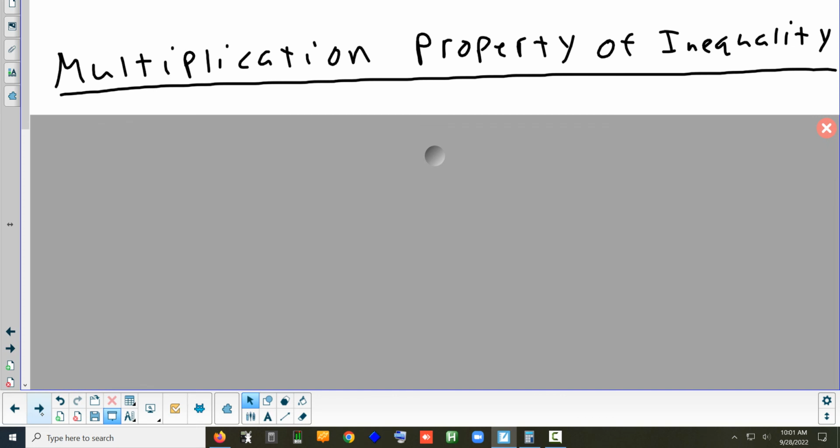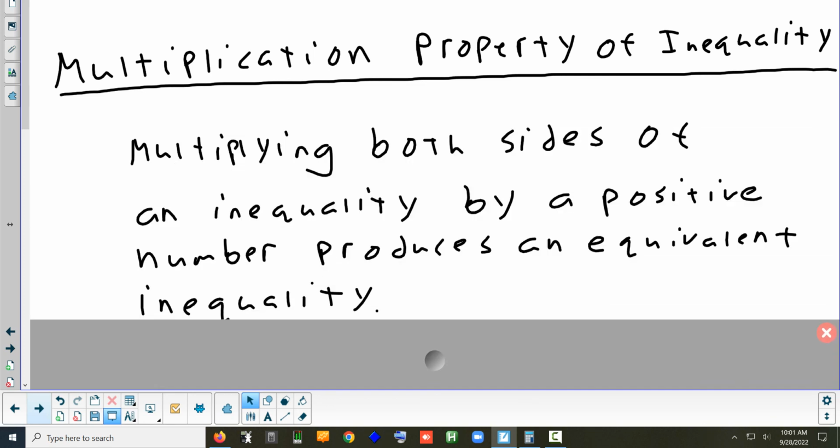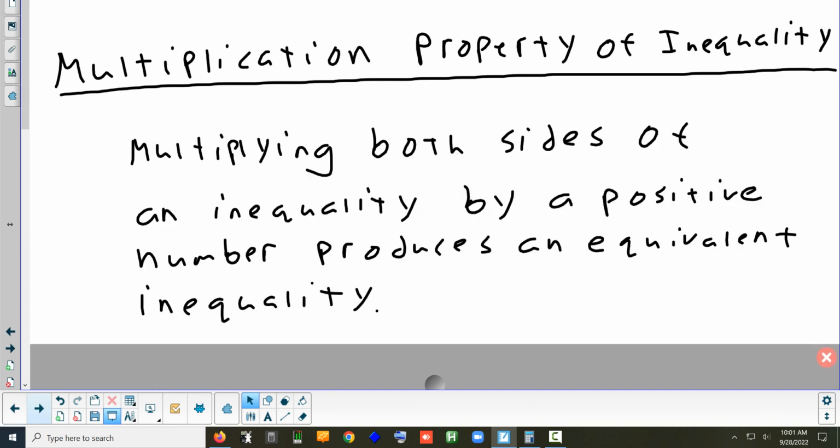So this is the multiplication property of inequality. The first part says that multiplying both sides of an inequality by a positive number is fine. You can do that. It gives you something that's equivalent to what you started with. If you started with something that was true, it'll still be true. Positive numbers don't mess anything up.